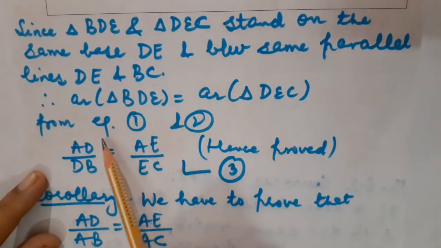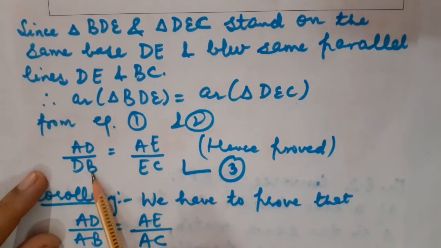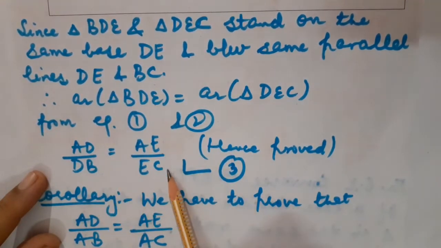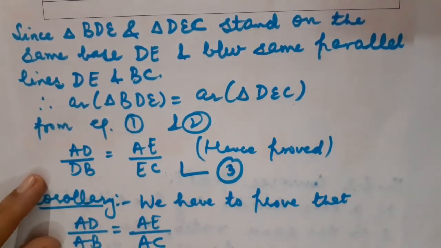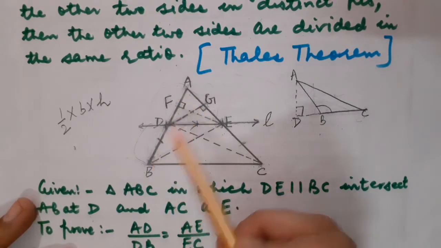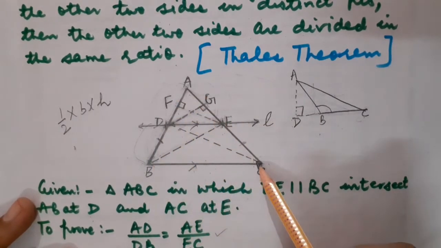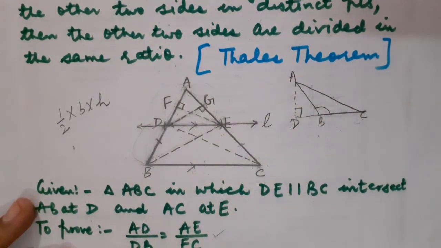So from equation 1 and 2, we can say that AD upon DB is equal to AE upon EC. This is the same thing which we wanted to prove. So hence the BPT proof is proved.